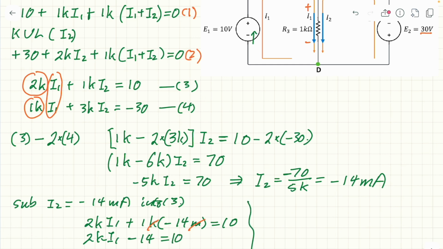I put it here, 2K I1 equal to 24. So I1 equal to 24 over 2K, 12 milliamp.